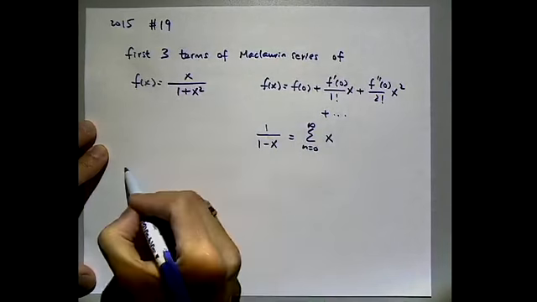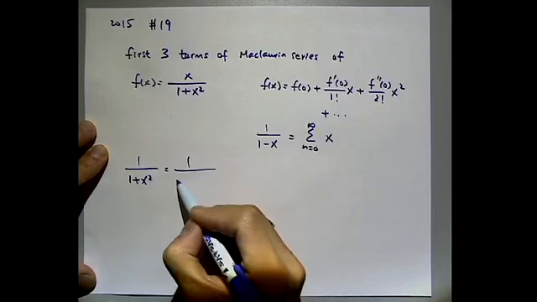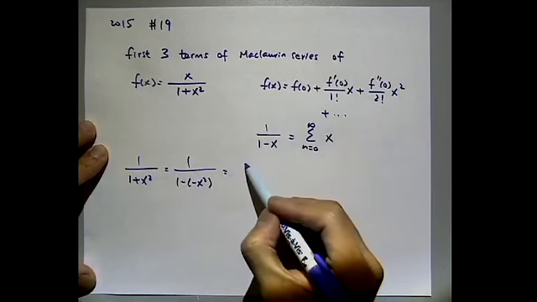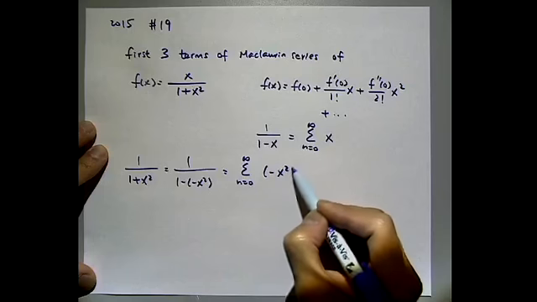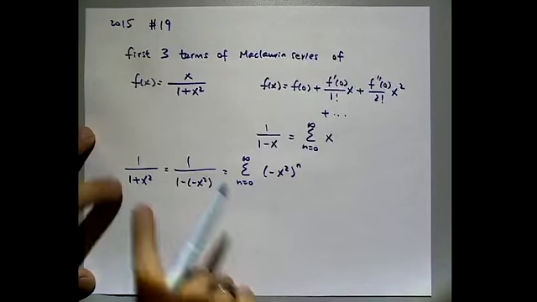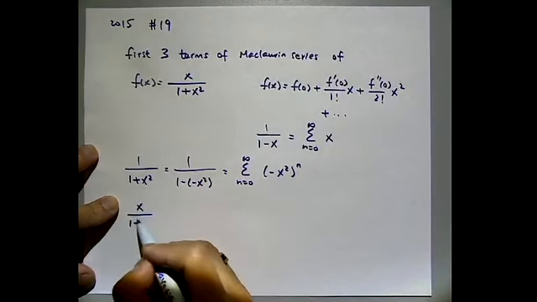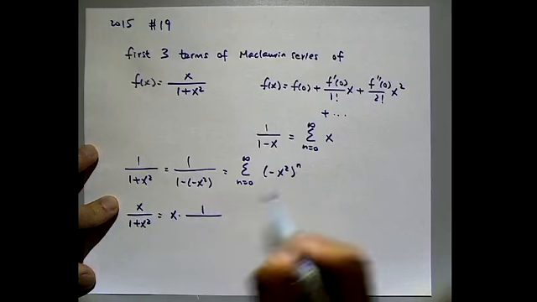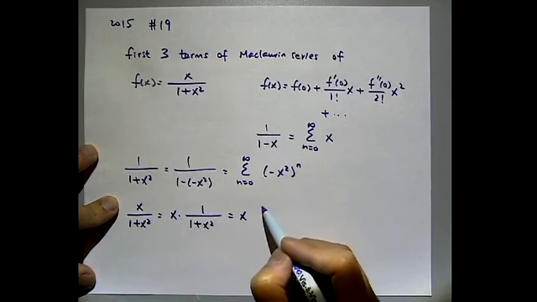So first, we're going to do this part by reusing that. And then I want an x, which means I multiply x to my existing Maclaurin series.